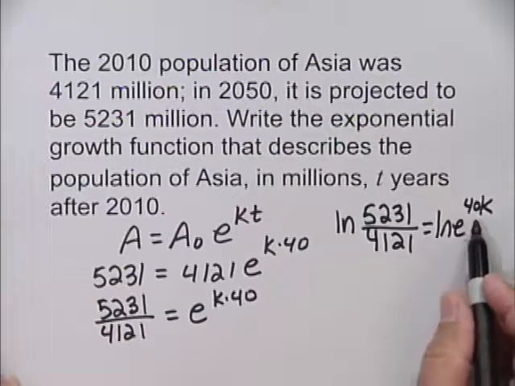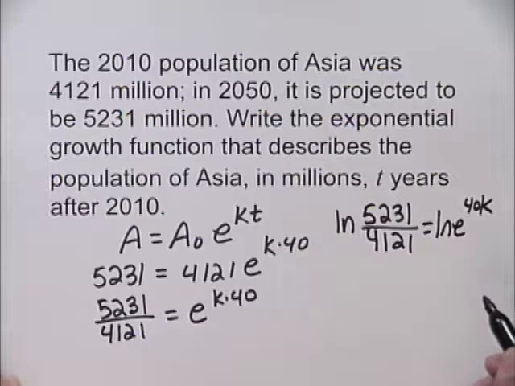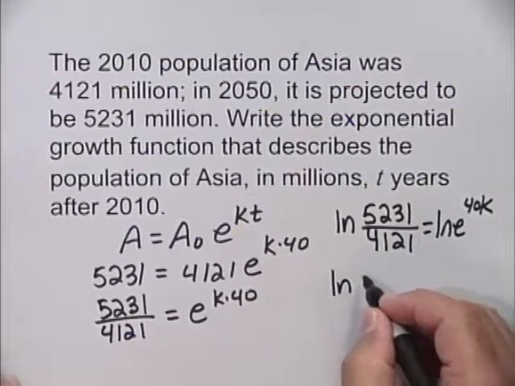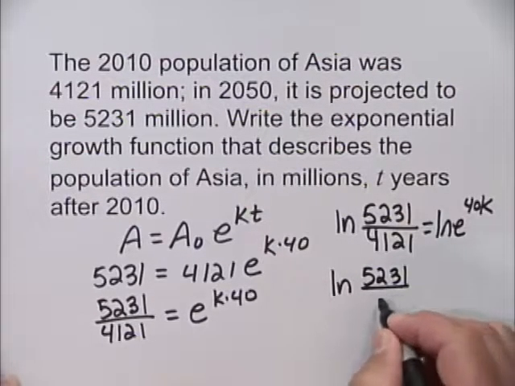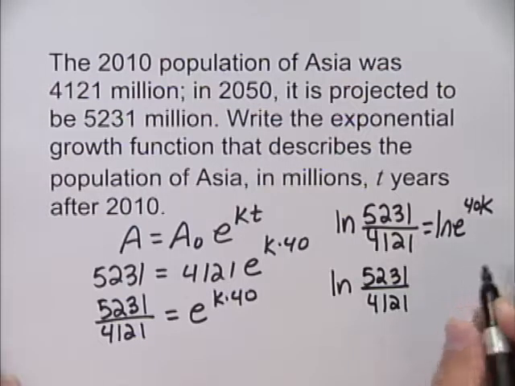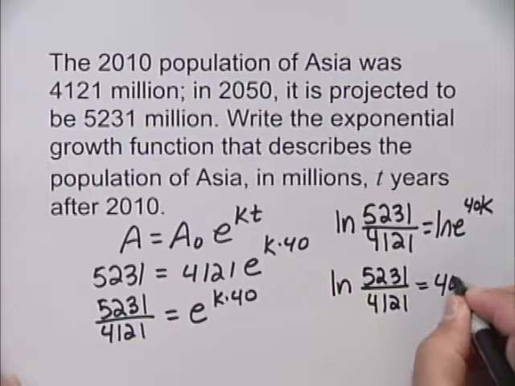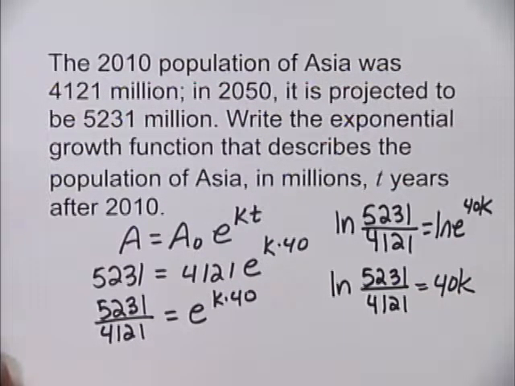The natural log of e raised to the 40k is simply equal to 40k. So I'd have the natural log of 5,231 divided by 4,121, and that's equal to 40k.